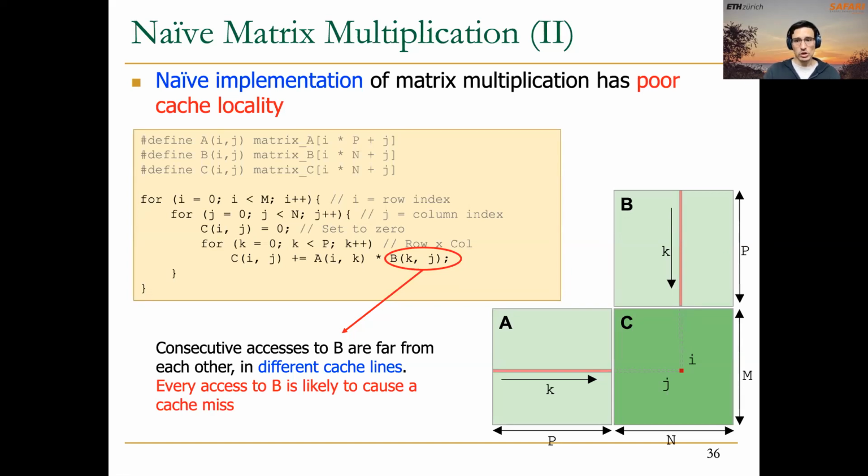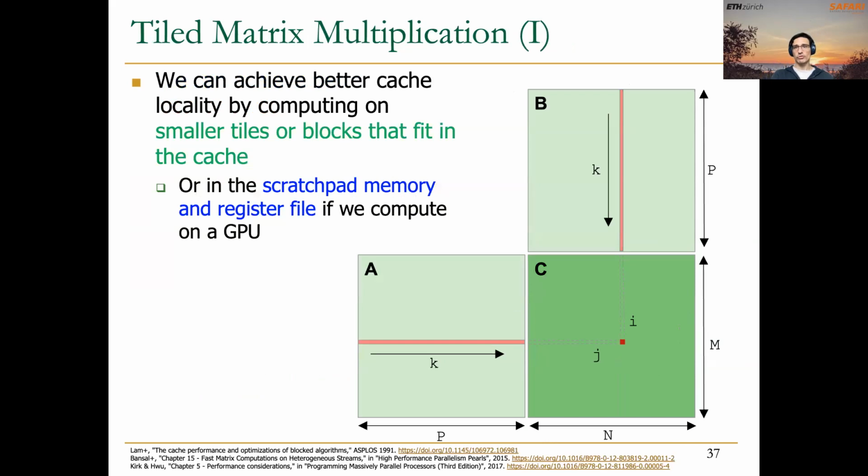So the way of achieving better performance here, by achieving better cache locality, is computing on smaller tiles or blocks that fit in the cache. And these blocks can be placed in the cache of a CPU, or in the case of GPUs, can be placed in the scratchpad memory or the register file.